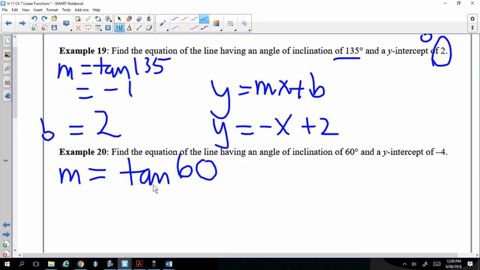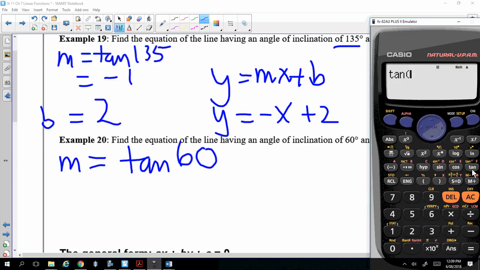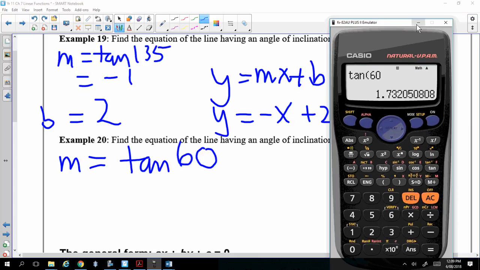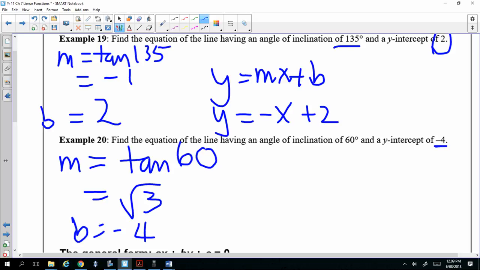Now, if you use a calculator, it does not give you the exact value. How do you get the exact value? Reference sheet. What does the reference sheet say? Root 3. So the gradient is root 3, and we've got the y-intercept of -4. So what's the equation? y equals root 3 x minus 4.